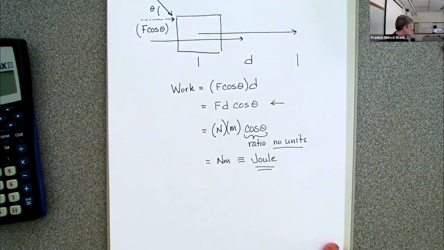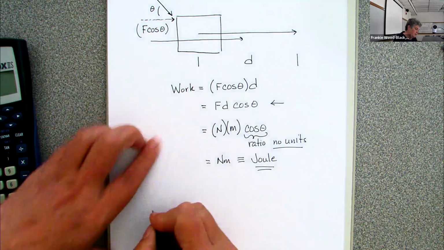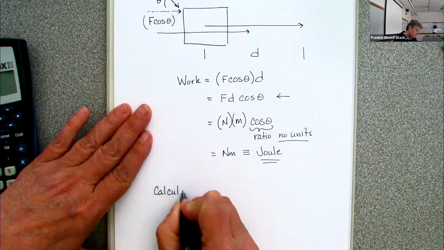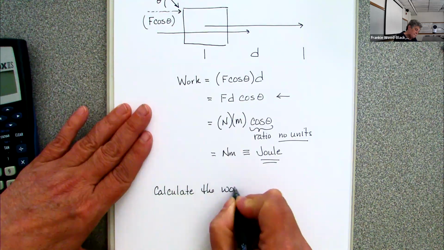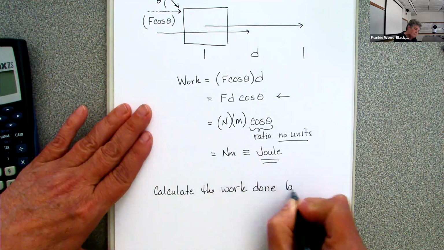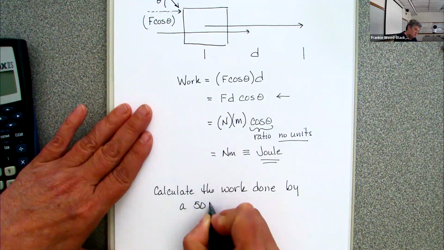But this gives me a dot product associated with the work. So we can calculate the work done by a 50 newton force.